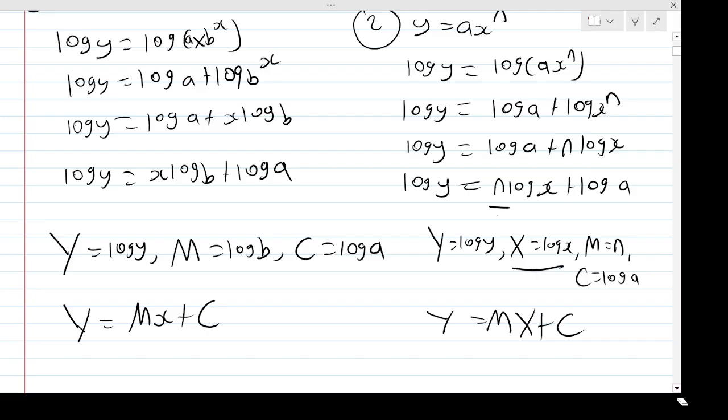I've converted it into a straight line form, mx + c form.